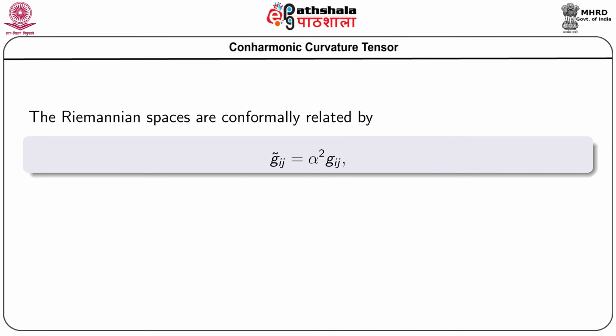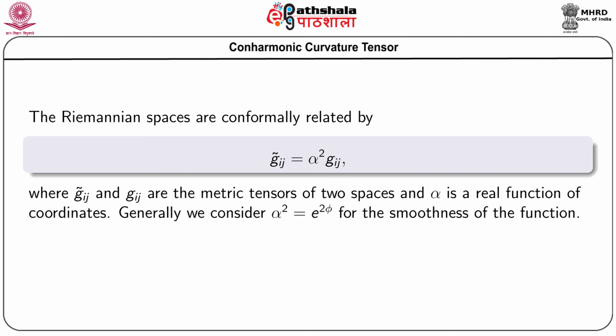The two Riemannian metrics are related by this relation, where g̃_{ij} and g_{ij} are the metric tensors of two spaces and α is a real function of coordinates. Generally, we consider α² equal to e^{2φ} for the smoothness of the function.